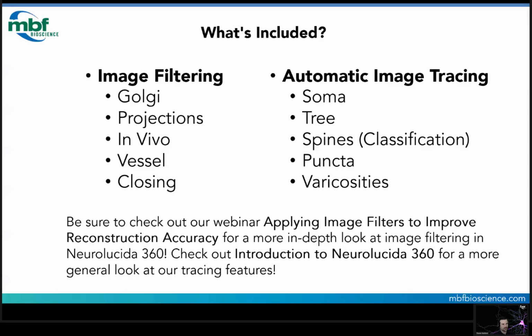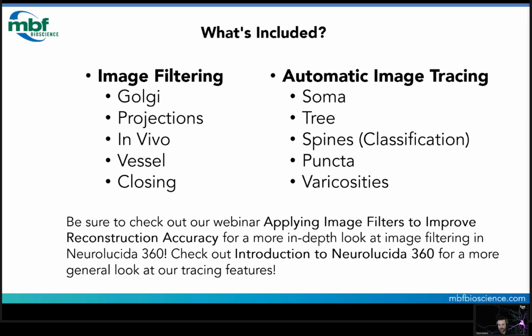So what's included in our new batch pipeline? You have the ability to use image filtering and tracing in one workflow across multiple images. And what's included in the image filtering? We have our Golgi filter, our projection filter, our in vivo filter, our vessel filter, and our closing filter.